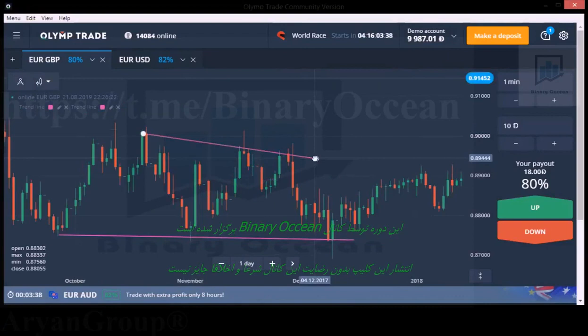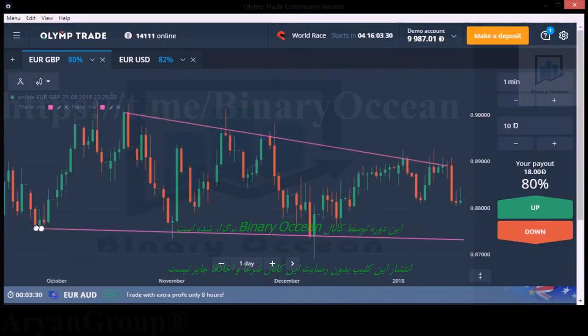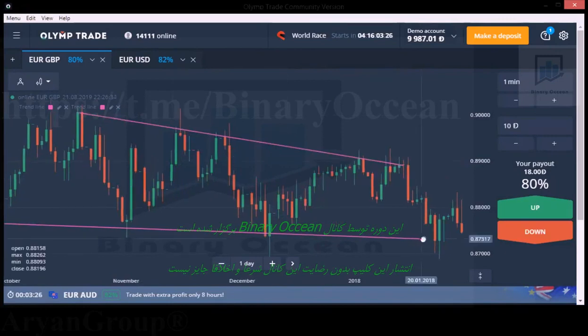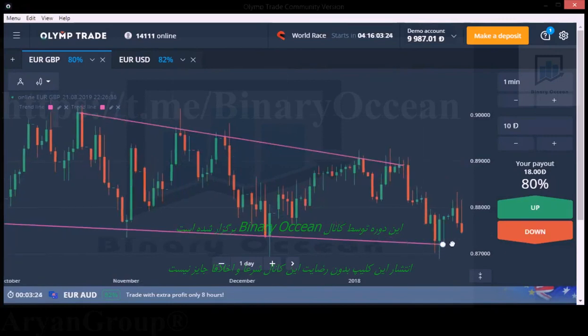Yeah, this is the seller's entry point. This is the buyer's entry point. Okay, the buyer's entry and seller's entry will be our exit points and our entry points too.